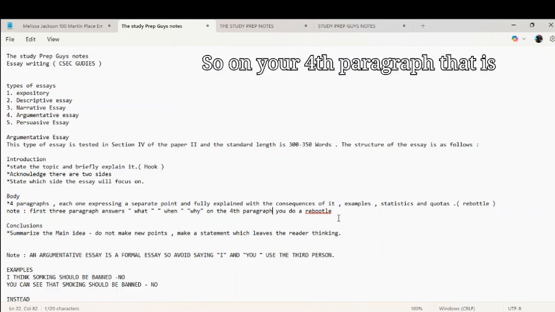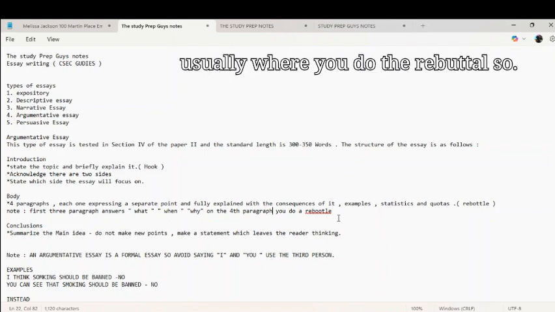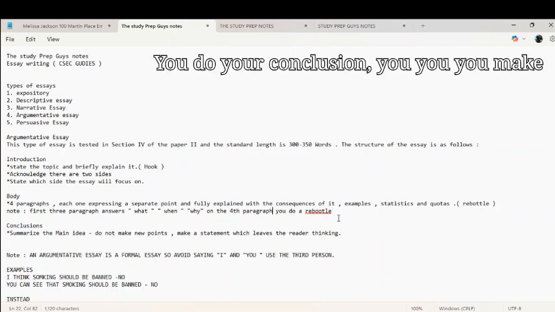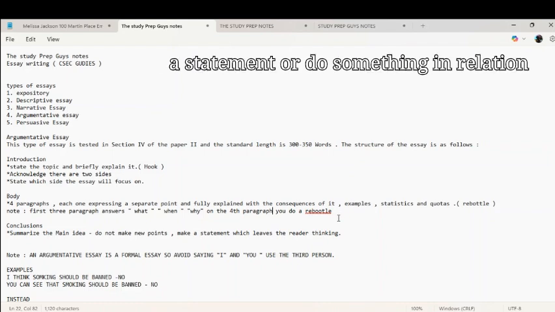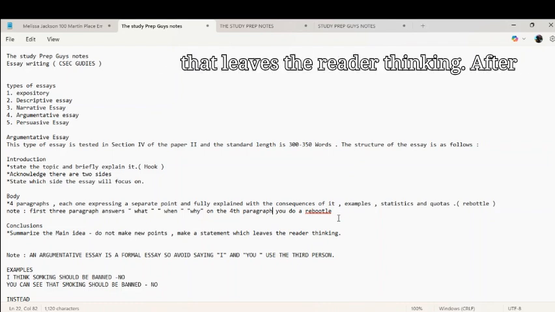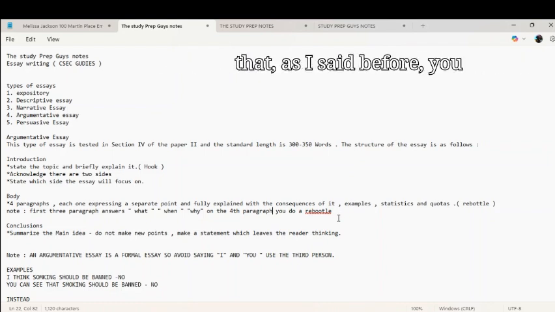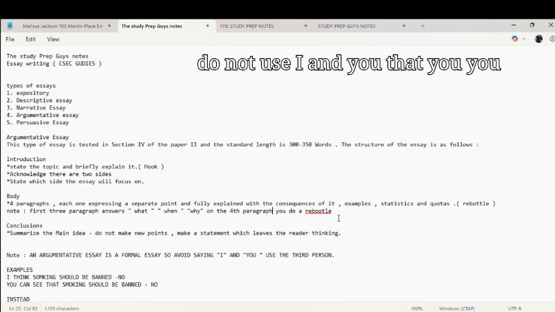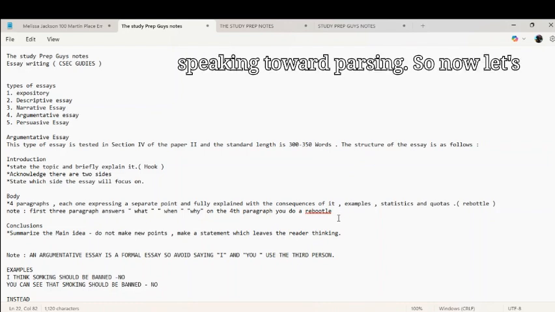So on your fourth paragraph, that is usually where you do the rebuttal. Then you do your conclusion, where you make a statement that leaves the reader thinking. After that, as I said before, you do not use I and you; you speak in third person.